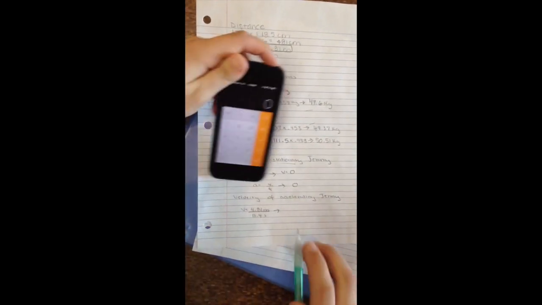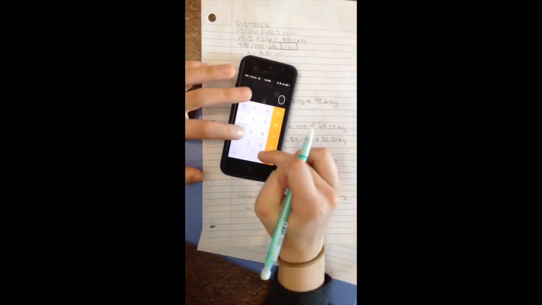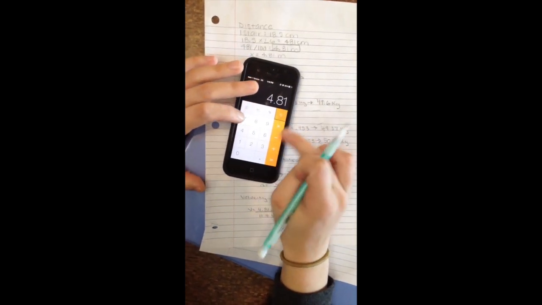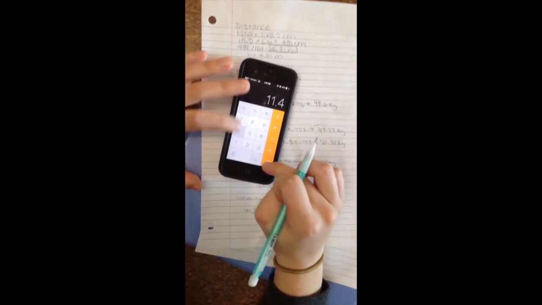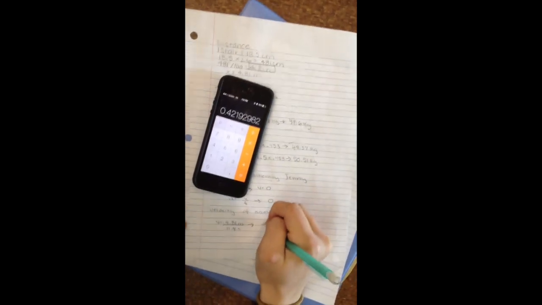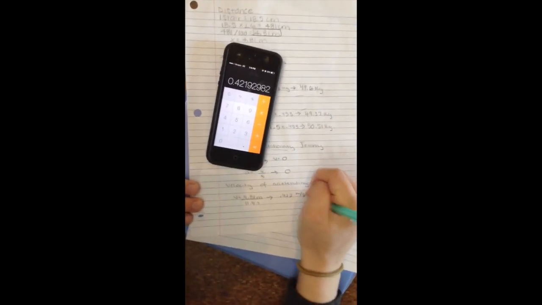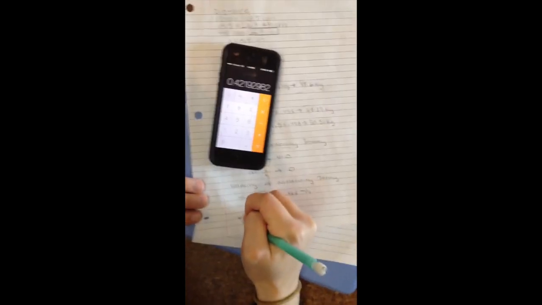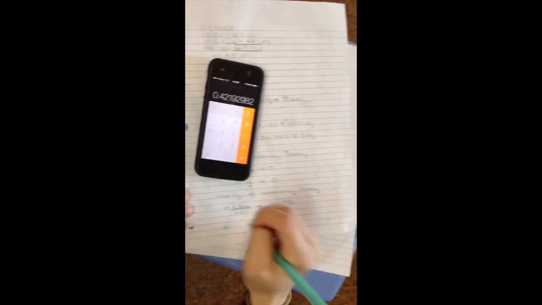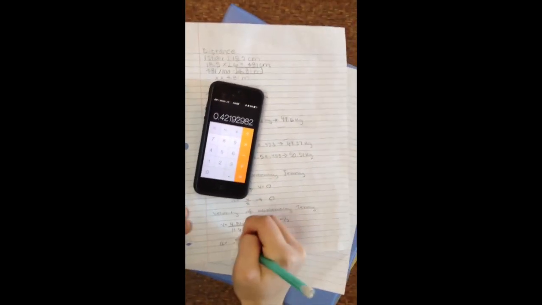Once we pull up a calculator, the velocity would be 4.81 divided by 11.4, which is 0.422 meters per second.